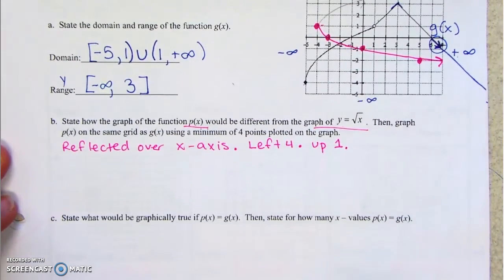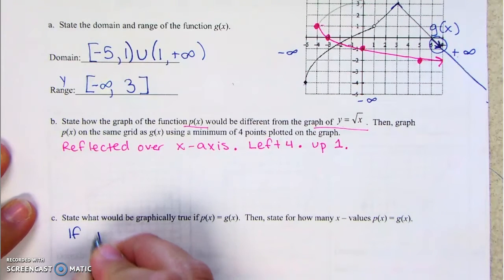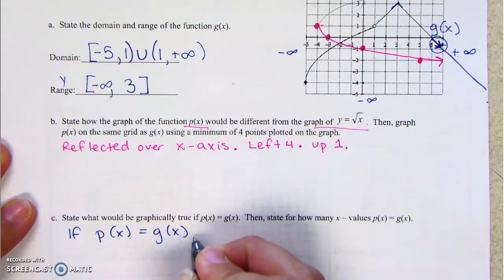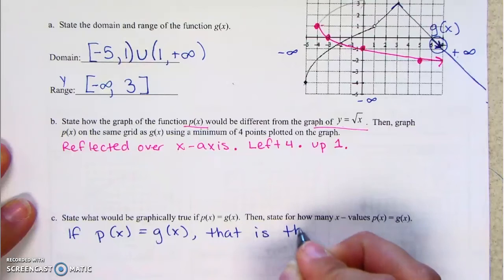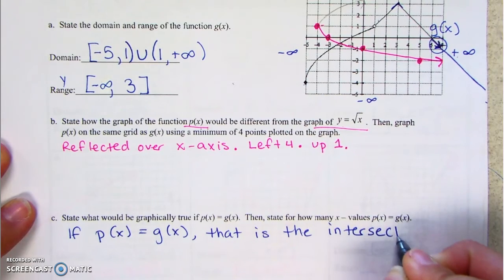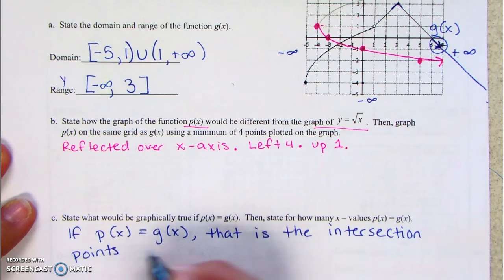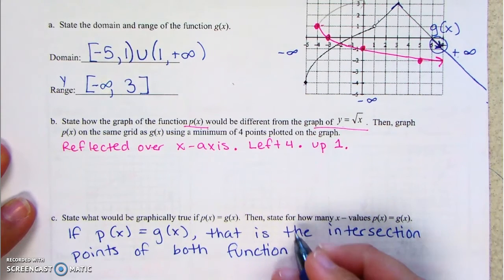So it's the intersection point or points of both graphs, of both functions. It's really one graph. Two things are grafted.